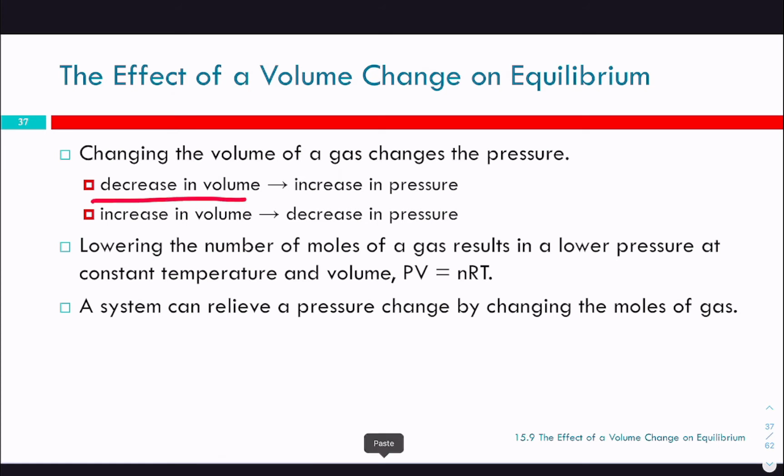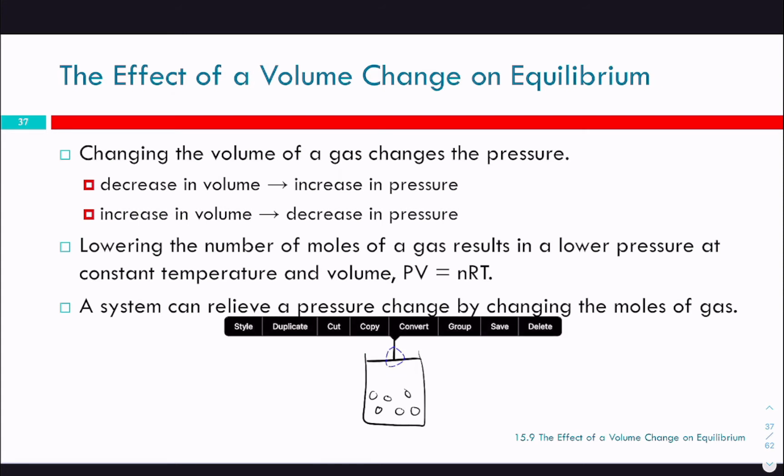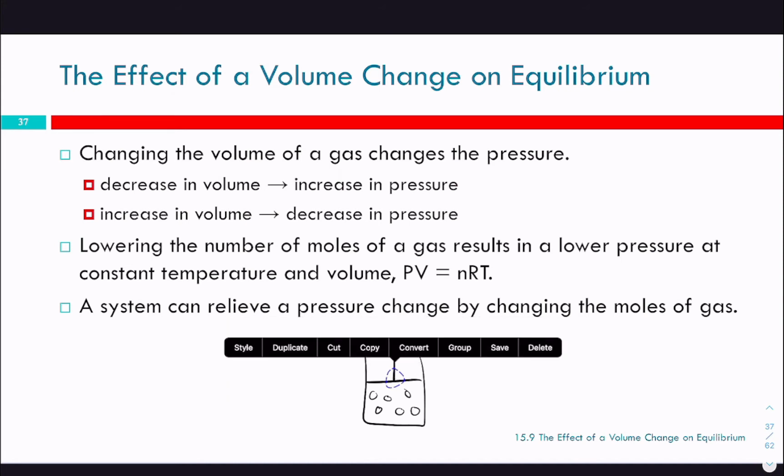If we decrease volume, that's like taking a cylinder with gas in it, where the piston starts up here. If we decrease that volume, we increase the pressure.